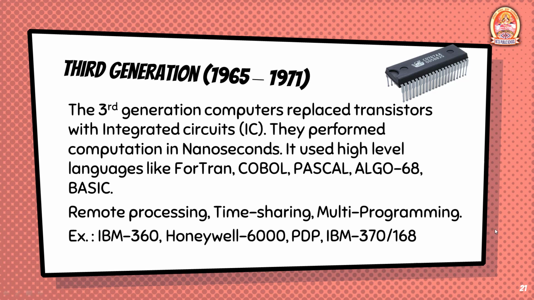ICs gave new dimension to computers as the manufacturing cost was low and size was extremely small. This made computer operation so easy that a single user can handle it because of its size. These computers were able to perform calculations in nanoseconds.